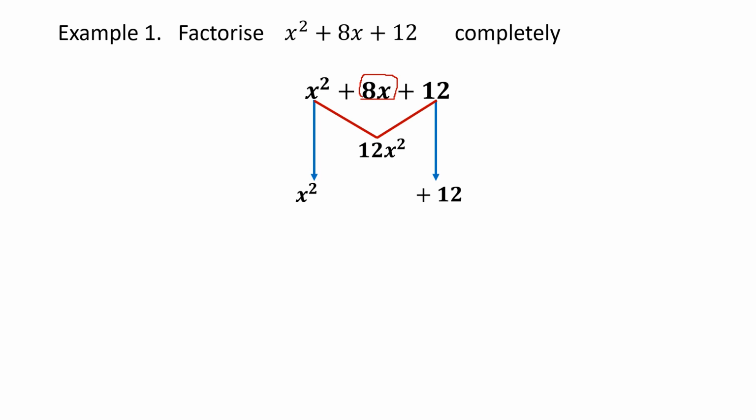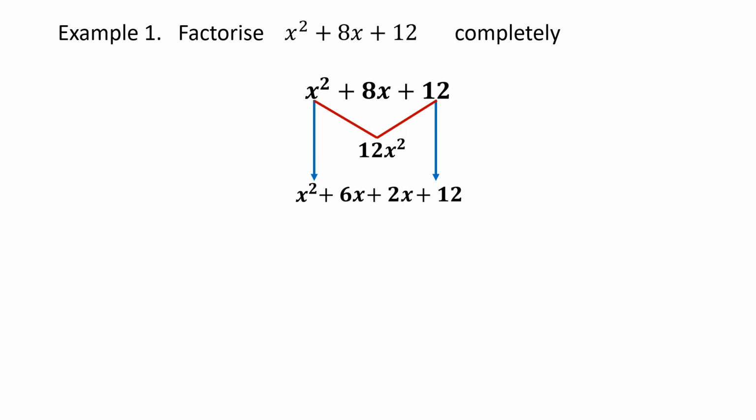We now look for the two factors of 12x squared whose sum is 8x. The sum must be 8x and the product is 12x squared. Those two terms are 6x and 2x.